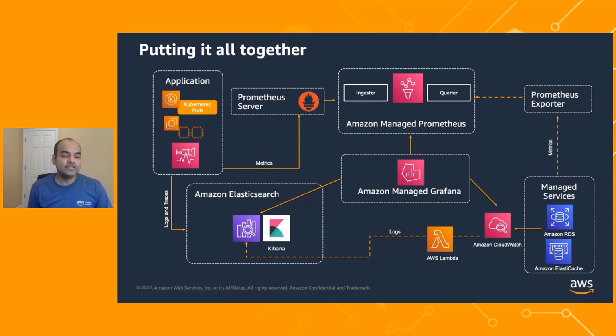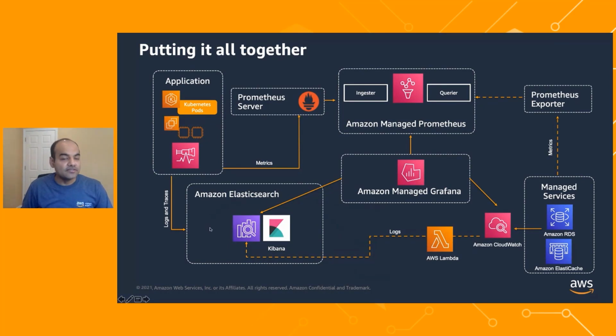In this architecture, you have applications running on Kubernetes or EC2 instances, and OpenTelemetry collectors are collecting metrics from those applications and sending them to the Prometheus server. Prometheus server is storing all those metrics into Amazon Managed Prometheus with the remote write we talked about.